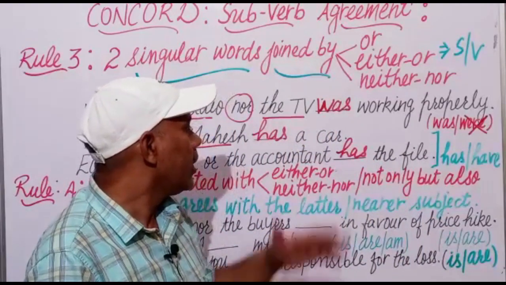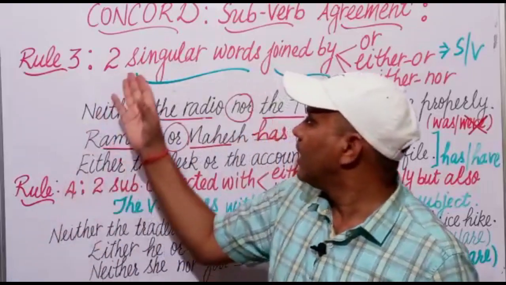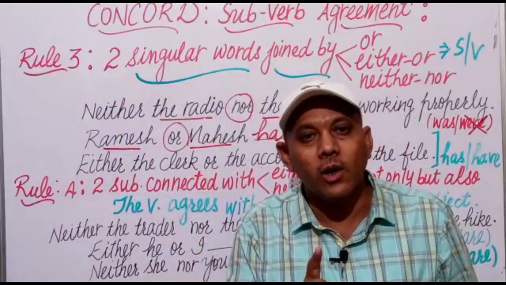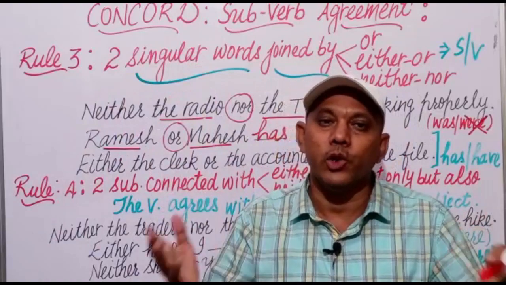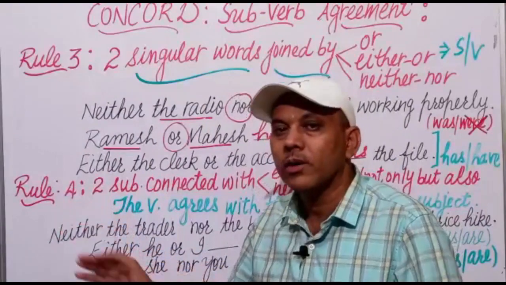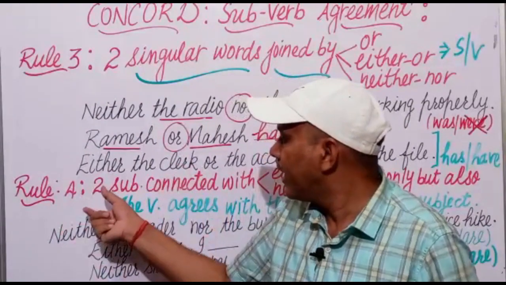In this way, we can say that if two singular words are joined by or, either or, neither nor, use a singular verb. Rule number 4, what does it say?